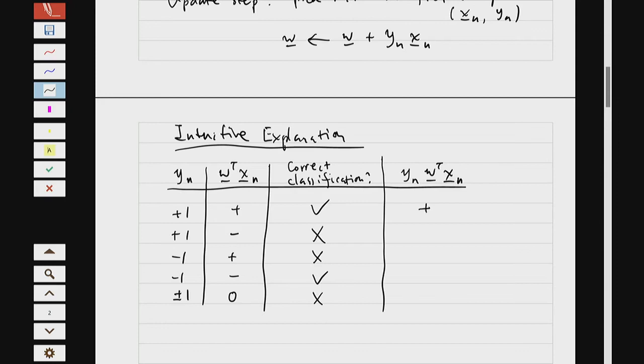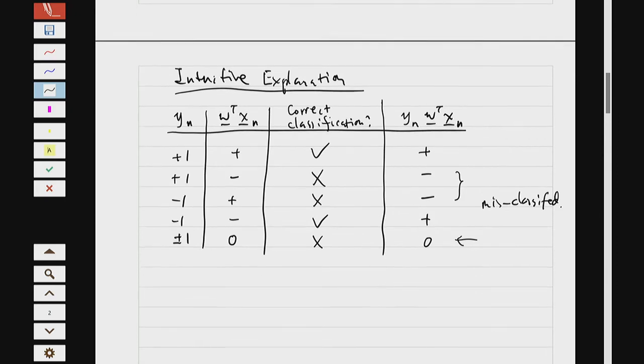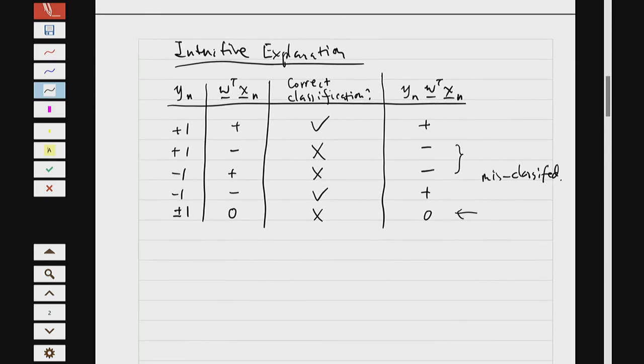So you have plus, minus, minus, plus, and then this is just 0. These two and also this one as well are misclassified. We have correct classification for this point only if that product is positive. Everyone okay so far?